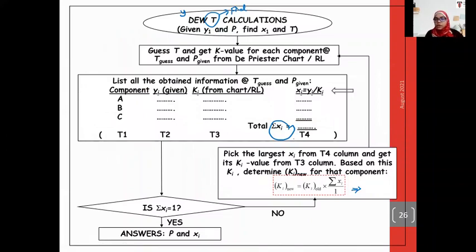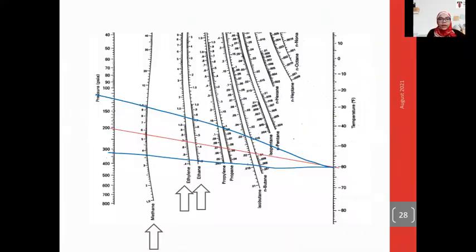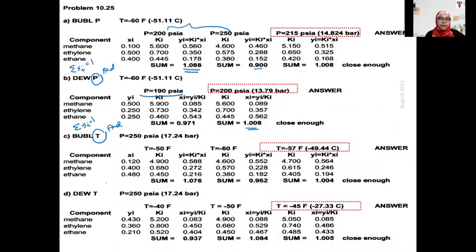You may follow this method. And for the dew temperature, we need to find the temperature and also ensure that the summation of liquid composition is equal to 1. You may stop if the summation is close enough to 1.